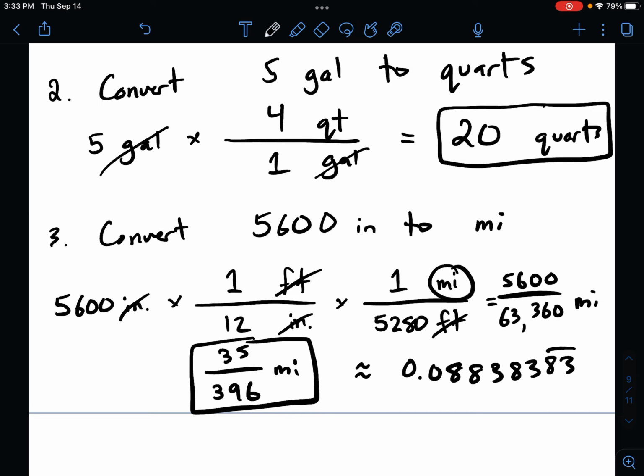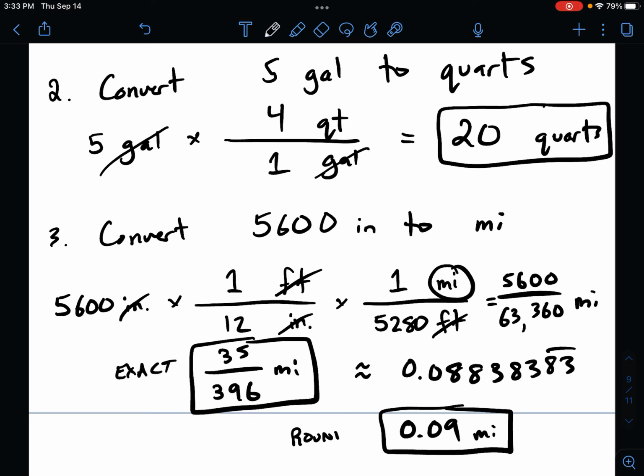So if they ask you to round, maybe to the nearest 100th, you could say 0.09. But it really just depends on what the question is asking you, right? If they ask you to round it as a decimal, maybe they want an exact answer, so this would be exact, and then this is rounded. All right, but it really just depends on what they ask you to find, okay? But that's the whole process here. That's how you would go ahead and convert all your units.